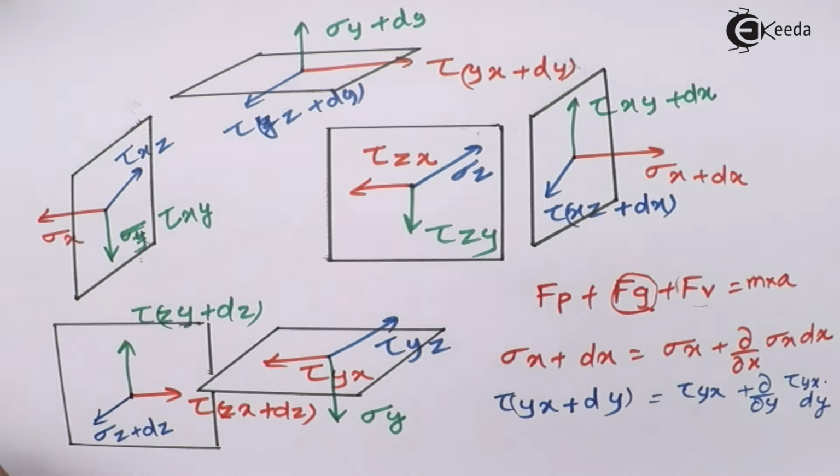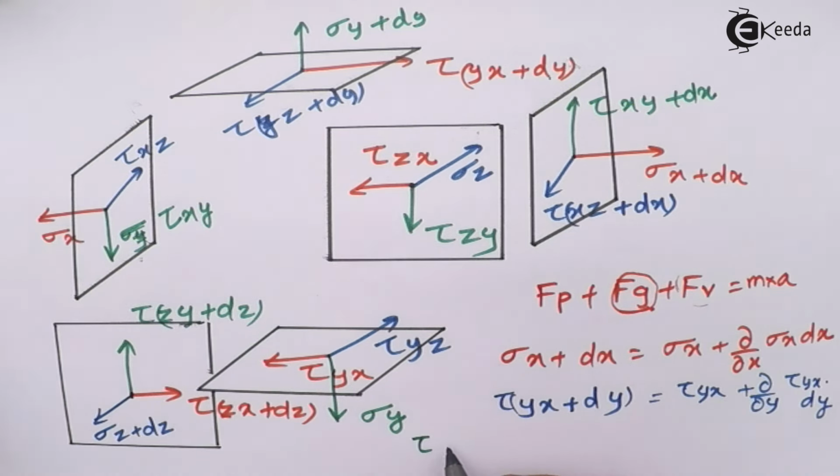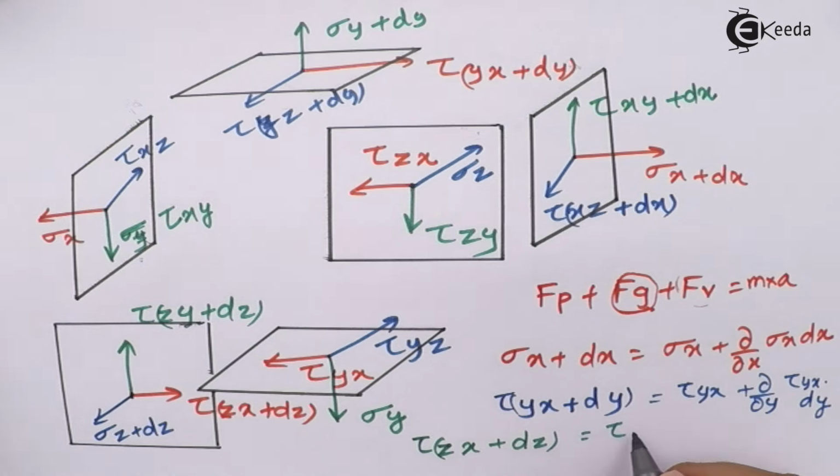And similarly, tau of z plane x direction plus dz will be given as tau zx plus dou by dou z of tau zx into dz. These are the Taylor series expansions we apply, neglecting all higher order terms, and we'll write down the summation of all the forces along the x direction.